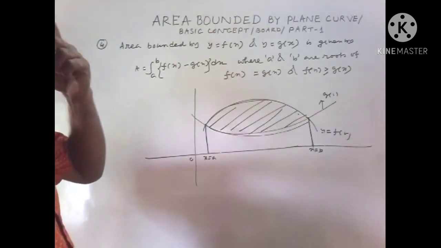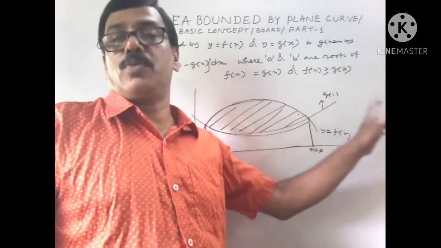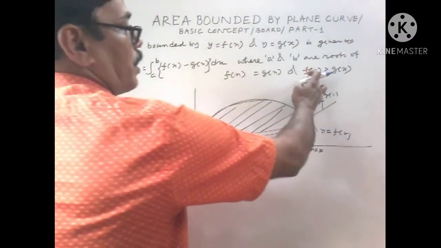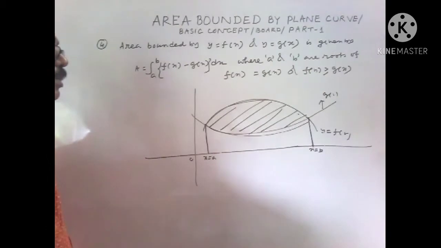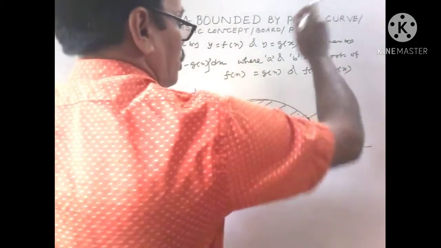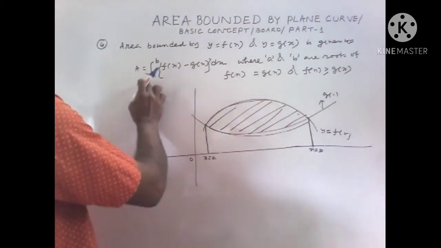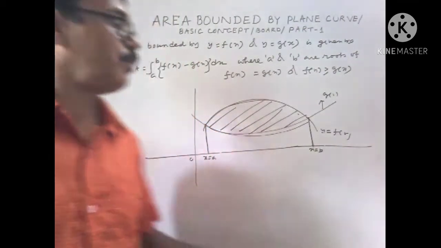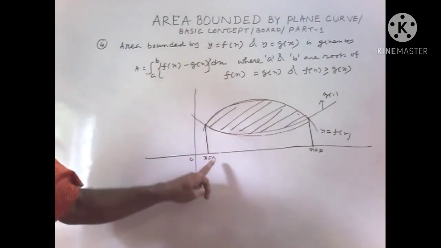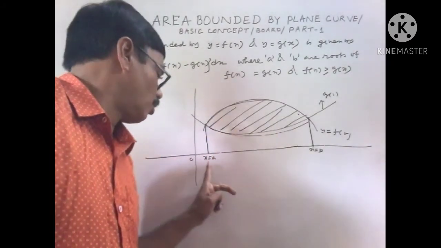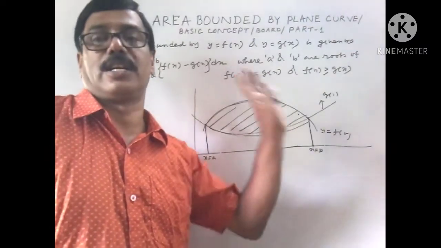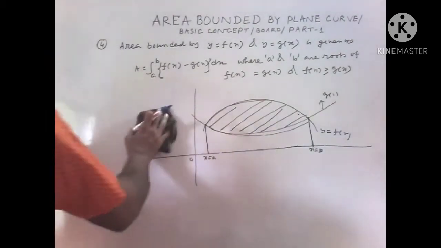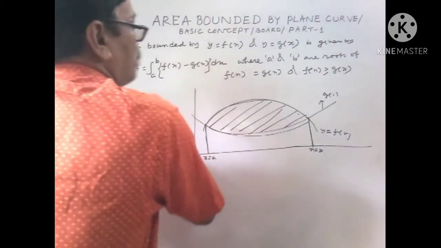Now if it is not known which one is above, here f(x) greater than or equal to g(x) is given. If this condition is not given, we take the modulus. So the rule is the difference of two curves between the first intersection and the second intersection. When two curves intersect, we use this formula.